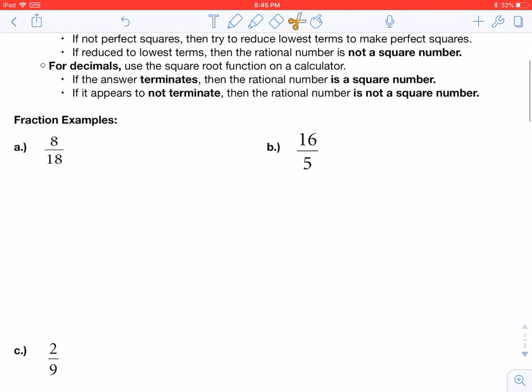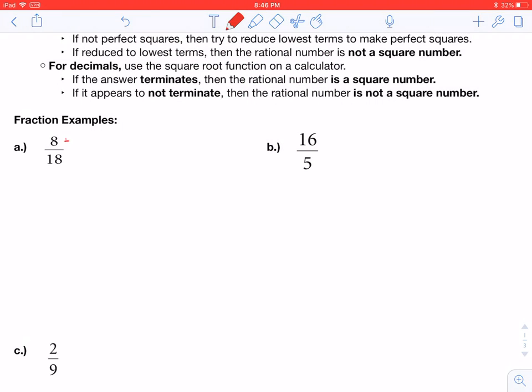So let's look at A. 8 over 18. If you know your perfect squares, you can figure out right away that 8 is not a perfect square. 18 is not a perfect square as well. But you might want to try reducing it to see if it could become a perfect square.